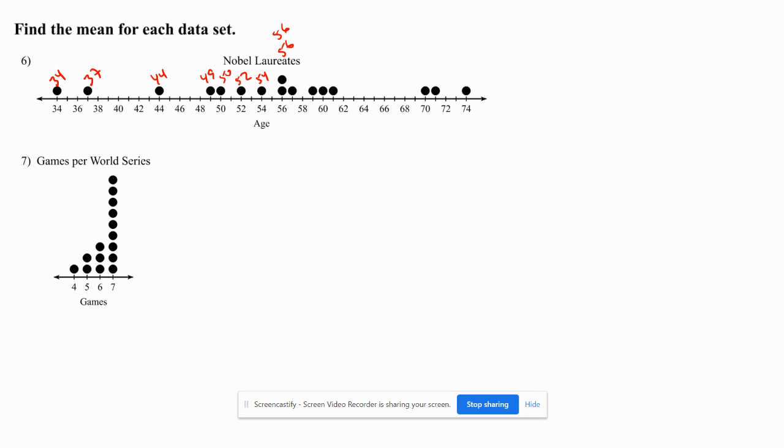So what I'm going to do, I'm going to add my numbers. So let me figure this out. So I have to do 34 plus 37 plus 44. I'm going to add all these numbers. And I happen to get 884.